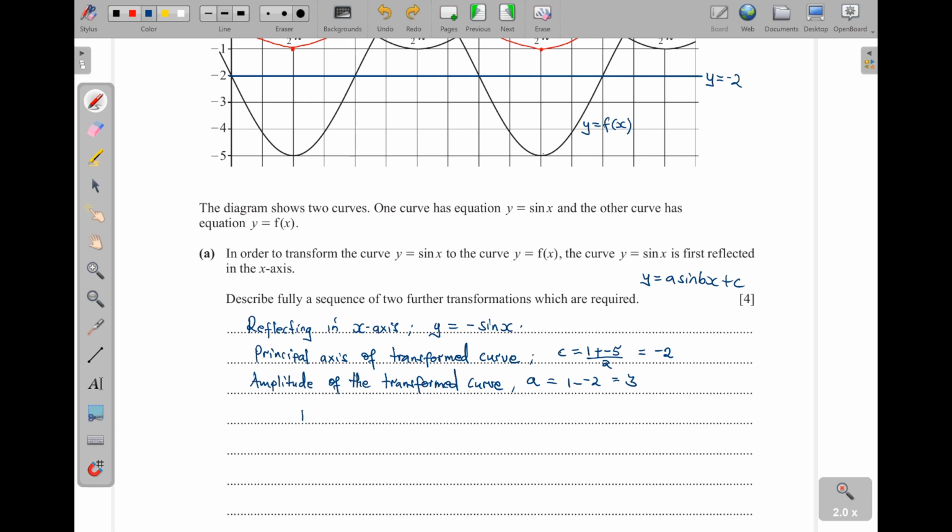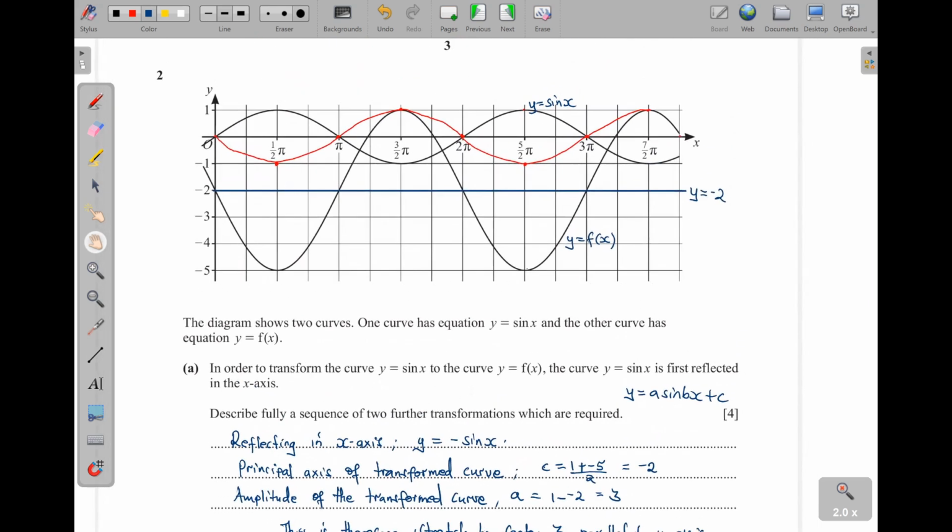So I will say this is therefore stretch by factor 3 parallel to y-axis. Okay, so it has been stretched.